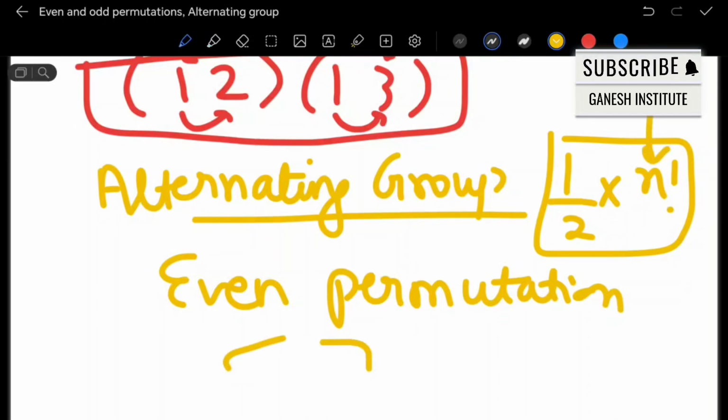So even and odd permutations are equal in number. That's why n factorial by 2. If somebody asks you how many elements are there in an alternating group, you can say half of the symmetric group, or simply n factorial by 2.